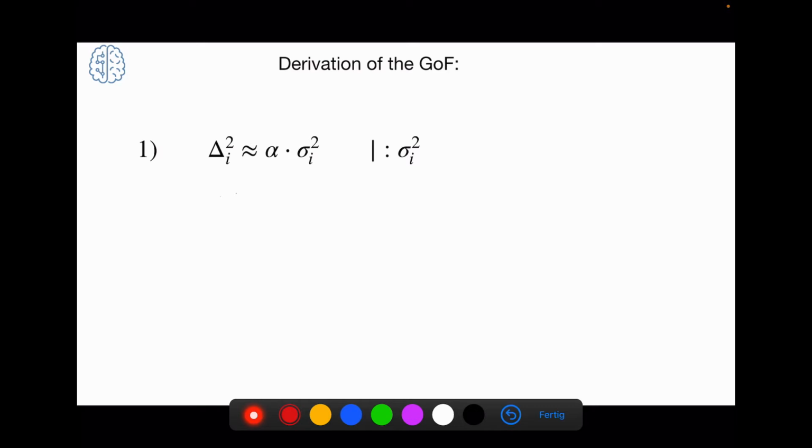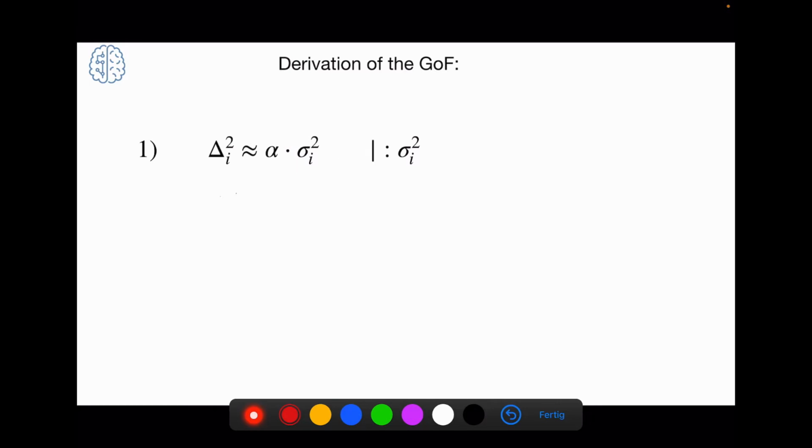Now let's have a look at a short derivation of the goodness of fit to understand its meaning. This short derivation starts with the assumption that delta squared, the unweighted residual, the difference between observed and calculated squared structure factor amplitudes, is approximately alpha, that's the number between 0 and 1 again, times the squared standard deviation of the observed intensity.